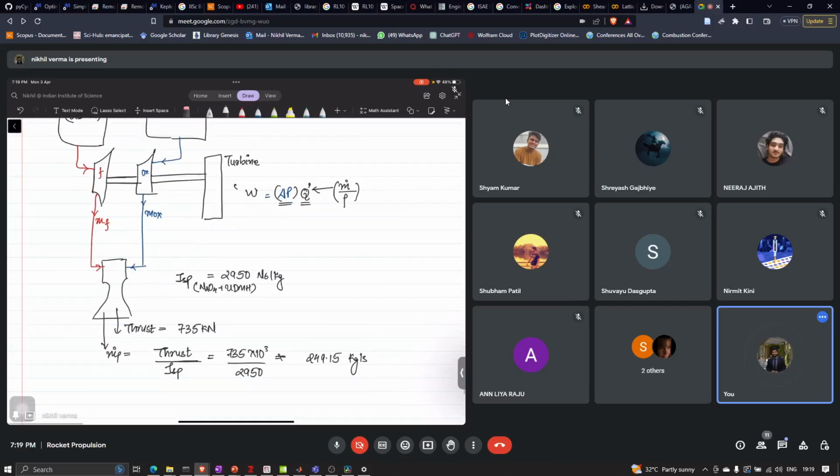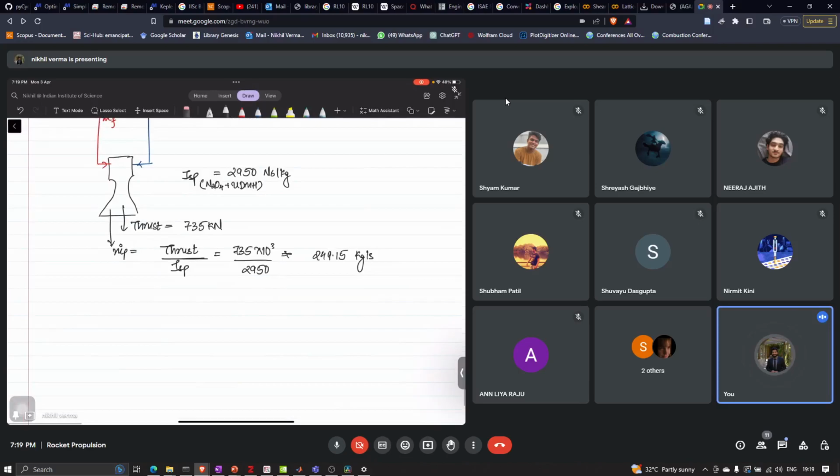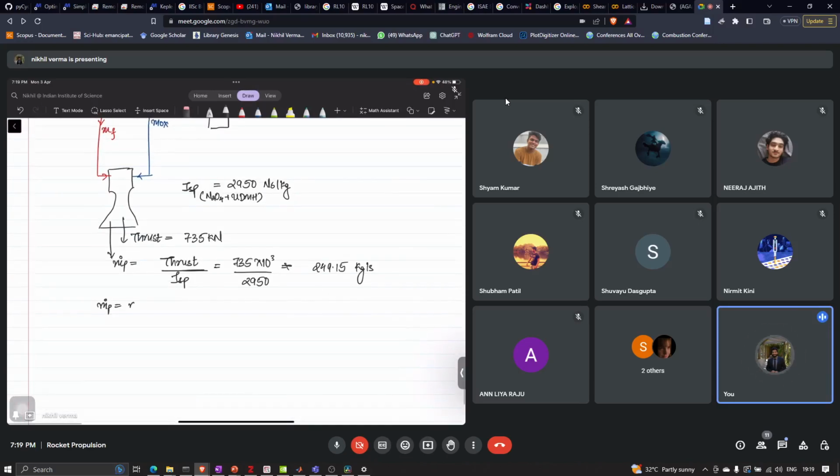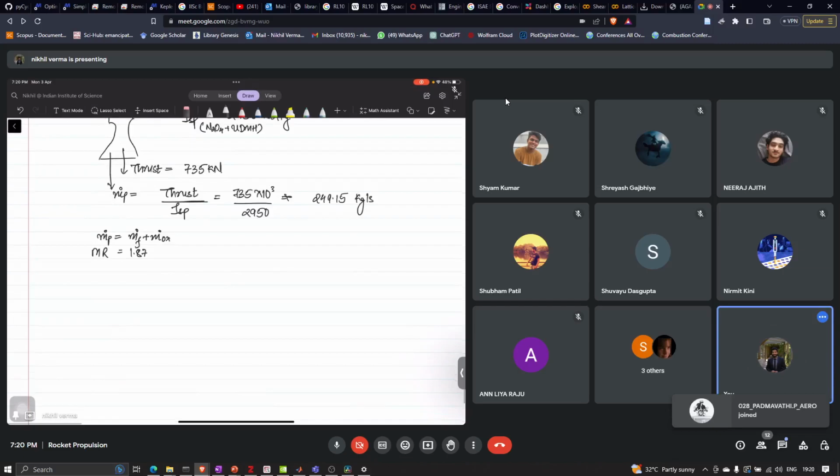So okay, to calculate the mass flow rate of the propellant that is coming out, it is just equal to mass of the fuel and the mass of the oxidizer that is going into the chamber. It is also given the mixture ratio as 1.87. So if you take out this common, this is mass flow rate of the fuel.